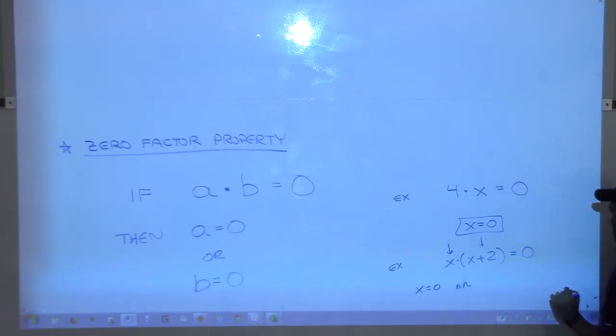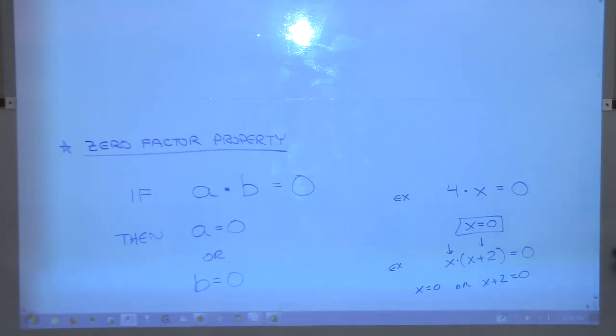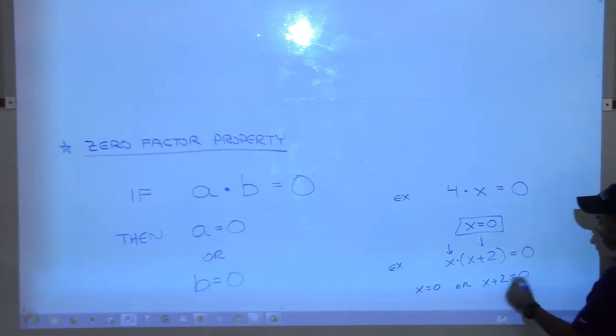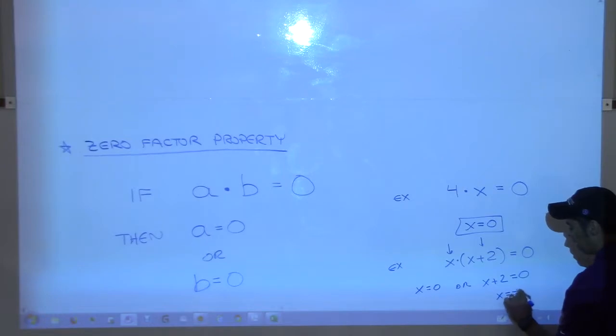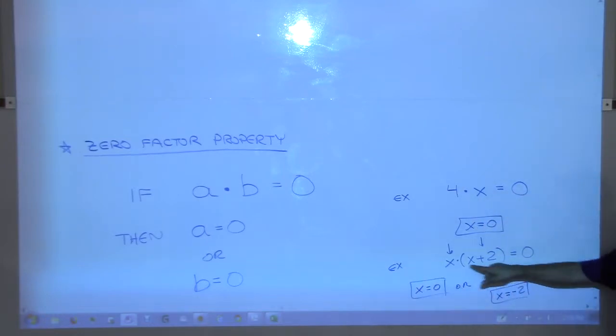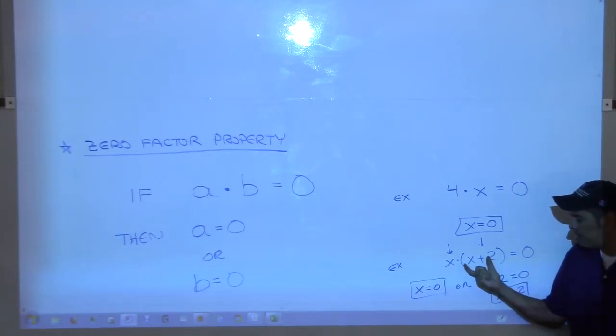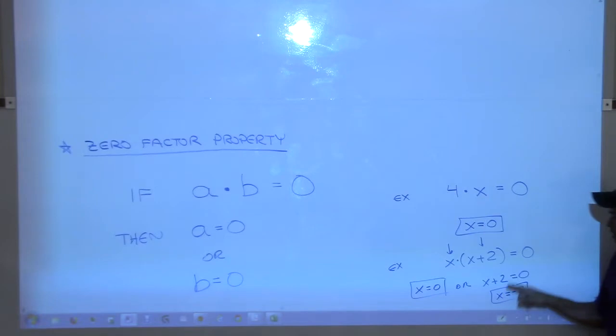This one is equal to 0, right? That's what the zero factor property is saying. And this is a linear equation. You could solve this for x, couldn't you? If I tell you x plus 2 is 0, subtract 2 on both sides, you get x is negative 2. So you actually have, for this equation, because of the zero factor property, you know that either x has to be 0 or x has to be negative 2 in order for this to be true.